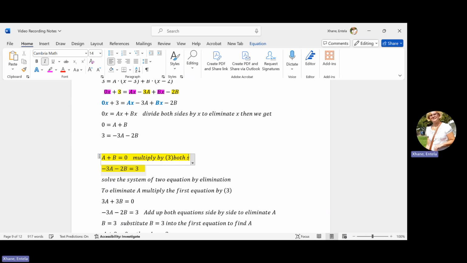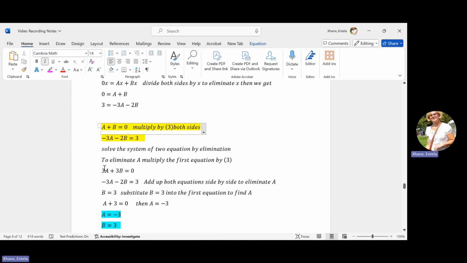So what I get is 3a plus 3b equals 0, and then I have negative 3a minus 2b equals 3, which is my second equation, and then add both equations side by side, and that's going to eliminate a.